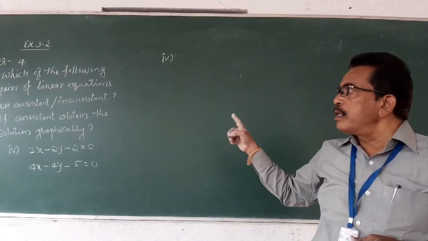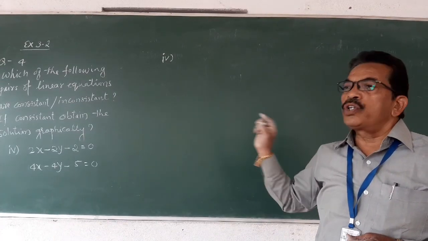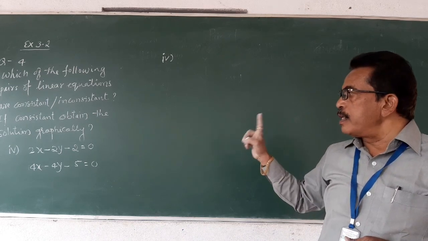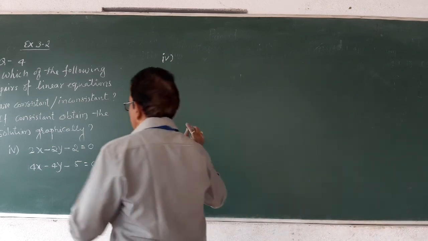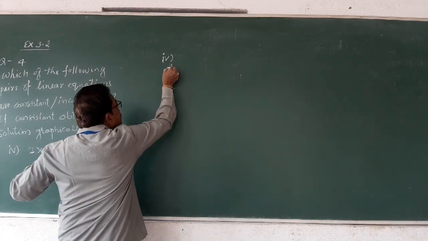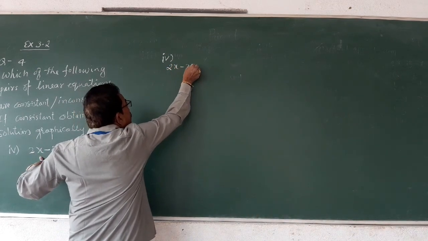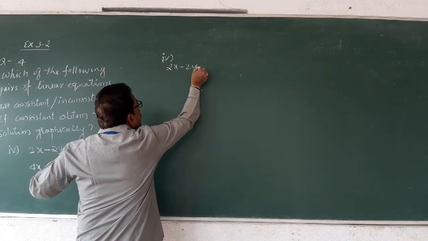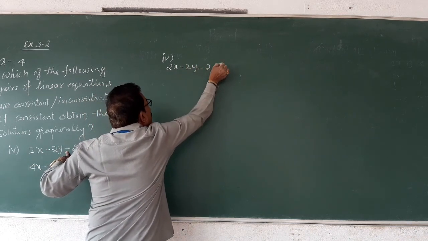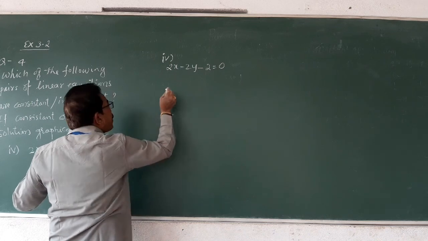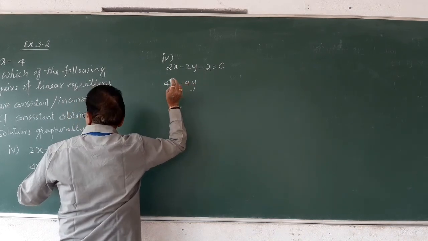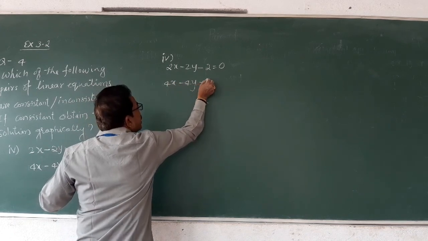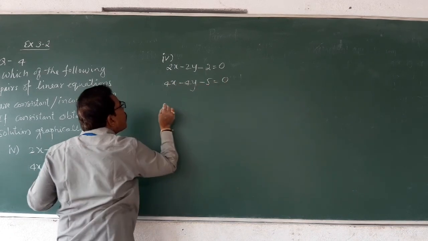Okay, the fourth one, last problem. Say 2x minus 2y equals minus 2. First, 2x minus 2y plus 2 equals 0. Then 4x minus 4y minus 5 equals 0.